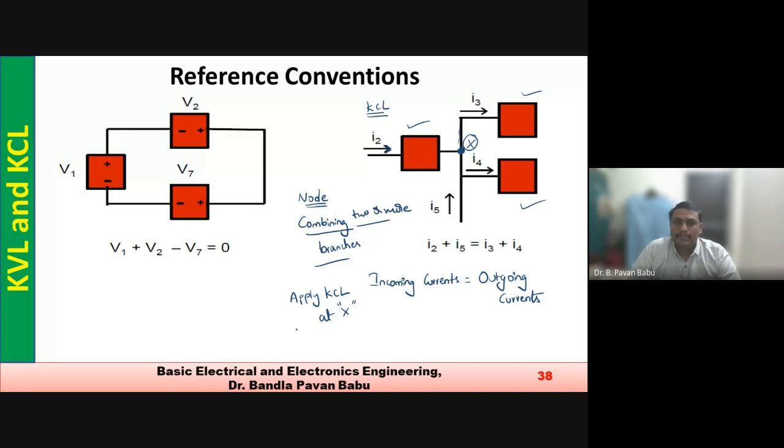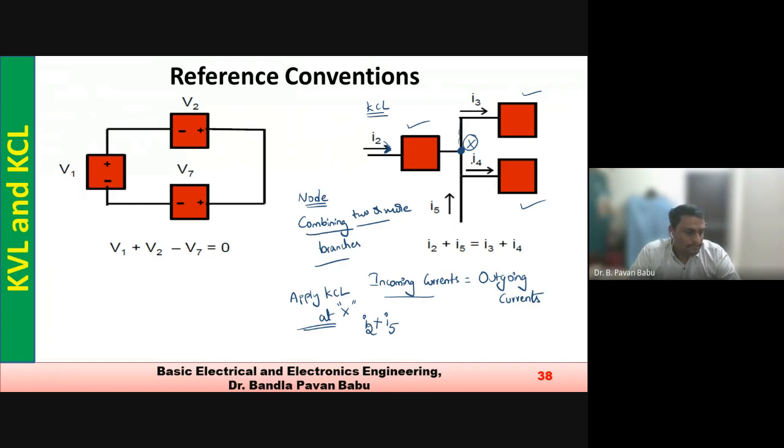Apply KCL at X. So what are the incoming currents? For this particular point X, I2 is the incoming current, so I can write it as I2. What else is incoming here? I5, so I can add this current I5. Is there any other incoming current? No. And what about the remaining I3 and I4?